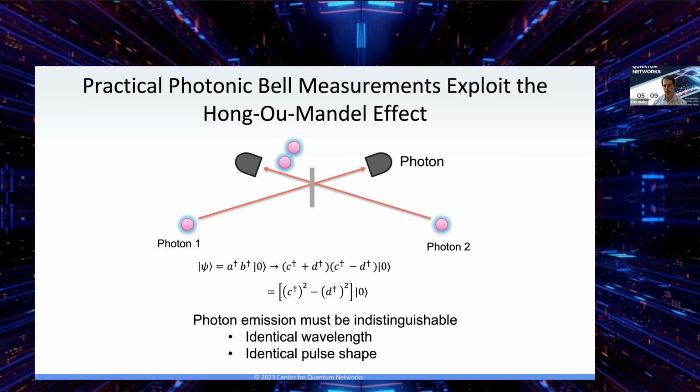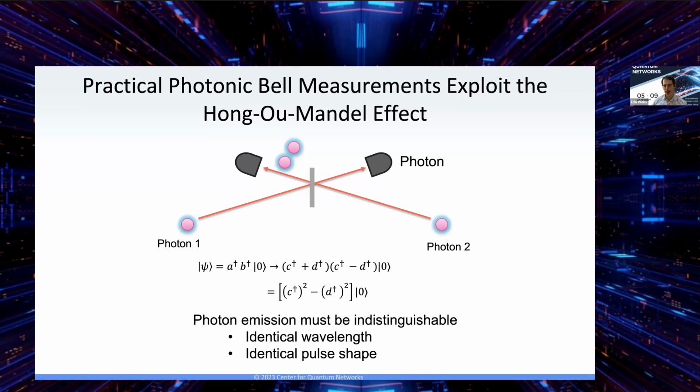Suppose we take two identical photons, same frequency, same pulse shape, indistinguishable particles, and we collide them on a beam splitter. When we do that, the photons will exhibit something called Hong-Ou-Mandel interference. In other words, the component where both photons exit out the same side constructively interferes, whereas the component where they exit out different ports, where one photon goes to this detector and another goes to this detector, destructively interferes perfectly, resulting in zero probability that both detectors click at the same time.